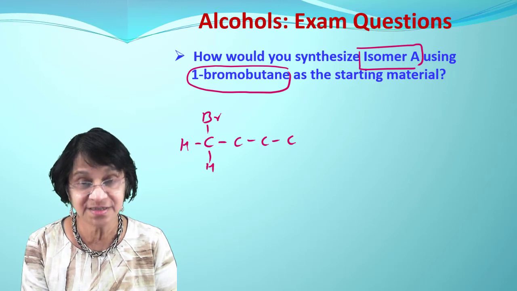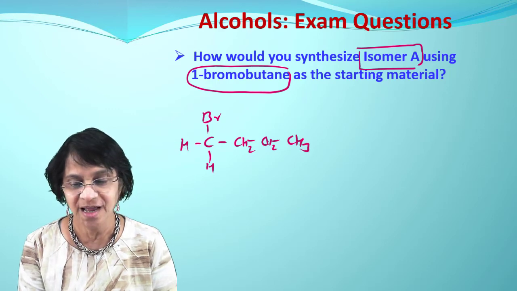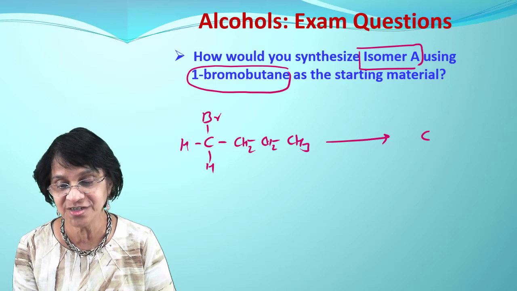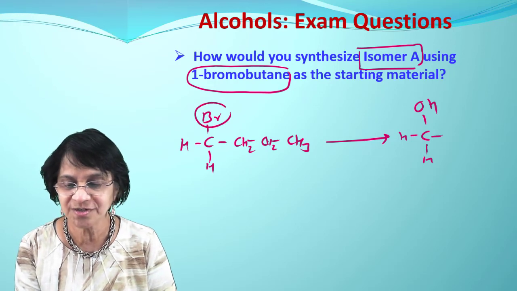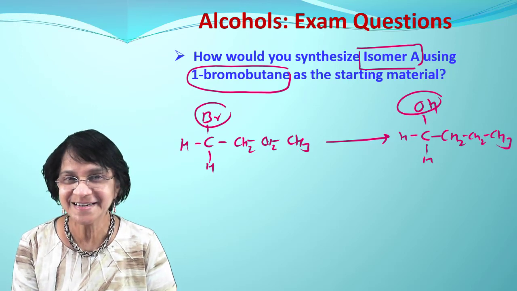I just thought let's make it comparable to what we wrote. You need to come up with the reaction strategy by which we are going to convert this to OH, because that's our molecule A. Does it ring a bell?